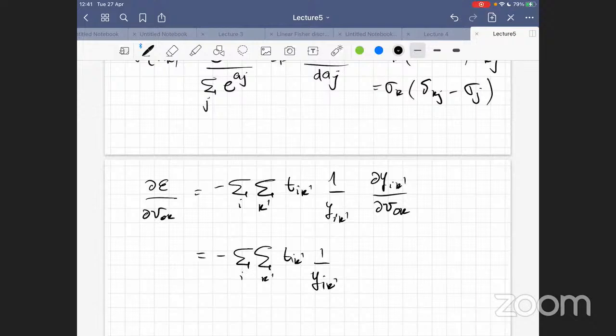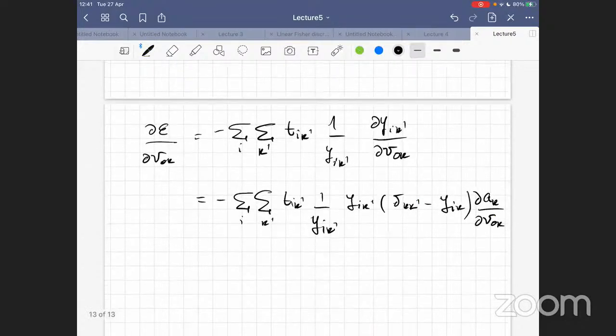Then this is just the function itself times delta_k'k minus y_ik, and the chain rule is just to derive the argument of the softmax with respect to the parameter I am trying to estimate here, but this is 1.